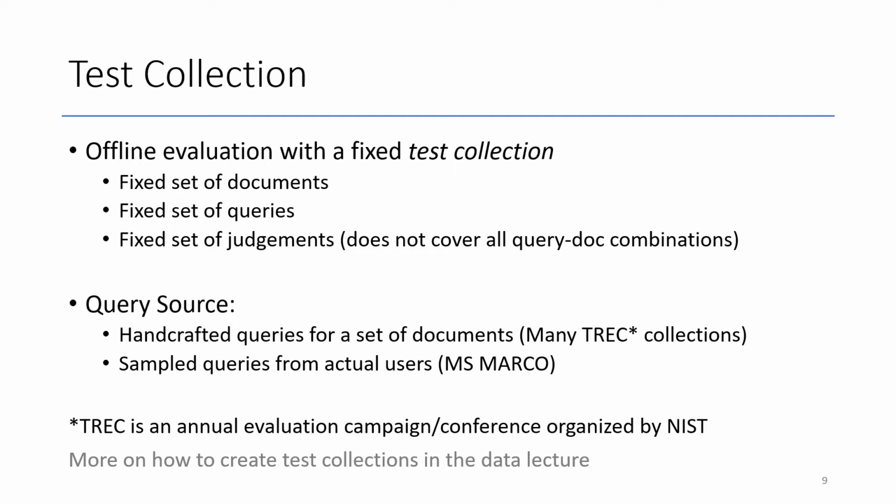And then there are collections that contain sampled queries from actual users that show actual information needs. And if you want to know more about how we create test collections, how this process works, in the data lecture, you will hear more about that after this lecture.